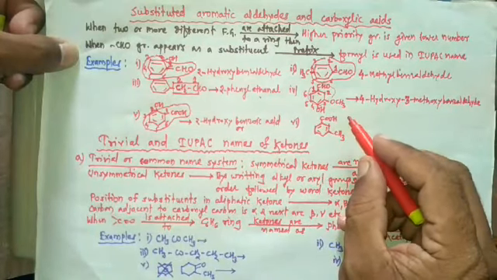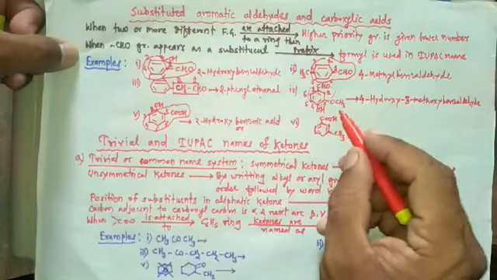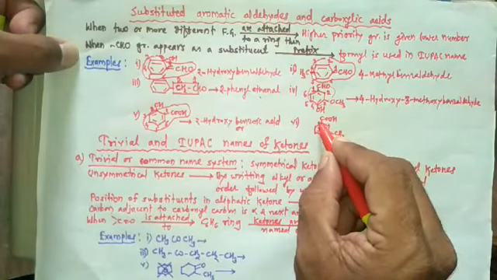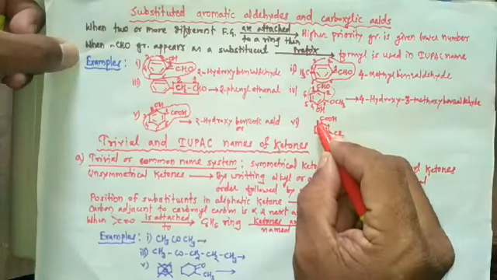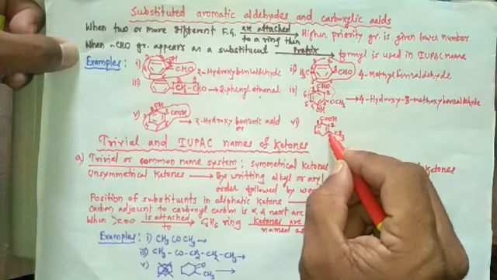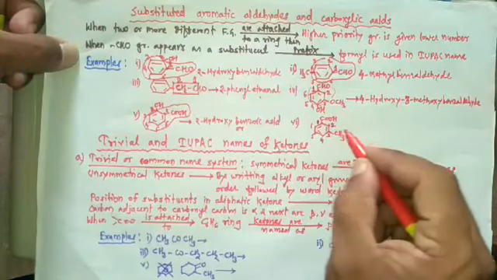Then take the next compound. Here first of all we have to number the chain. The carbon carrying COOH is 1. This is second, this is third, this is fourth, this is fifth and this is sixth.